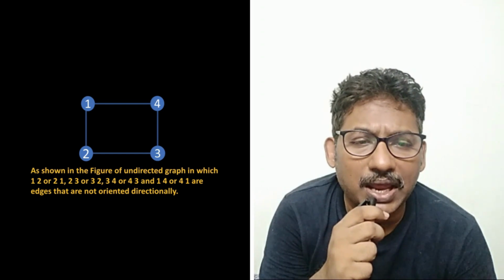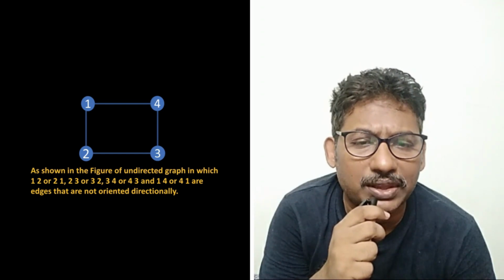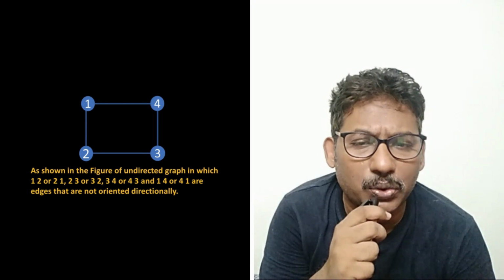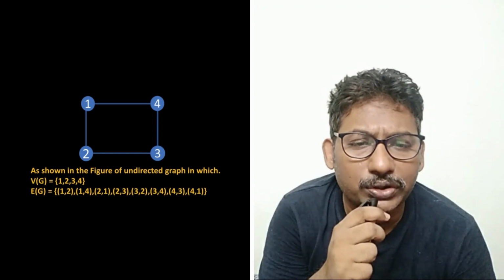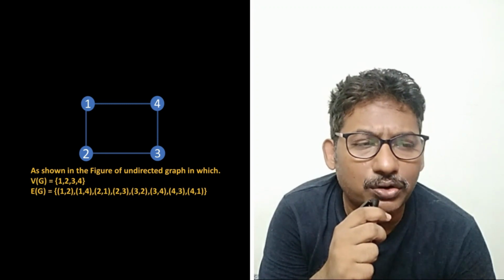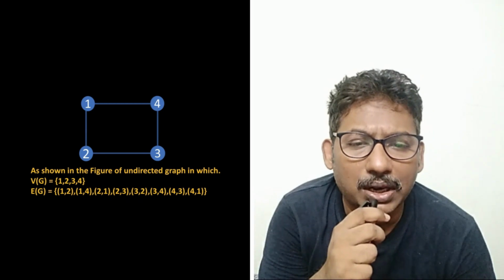An undirected graph is shown in the figure where from 1 to 2 we can travel from 1 to 2 or 2 to 1, or 2 to 3 or 3 to 2, 3 to 4 or 4 to 3, 1 to 4 or 4 to 1, like that.